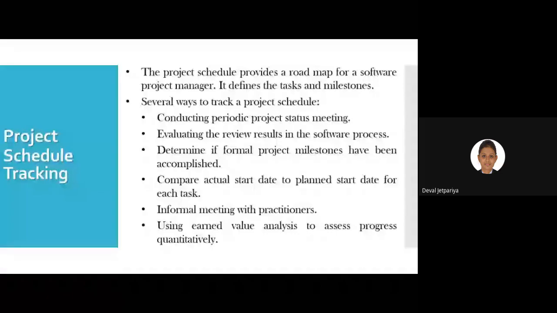Say for example, this project schedule and tracking topic I will start on this date. But actually it is not always possible. It may vary, right? Sometimes we may have some reason, so we need to plan this topic.